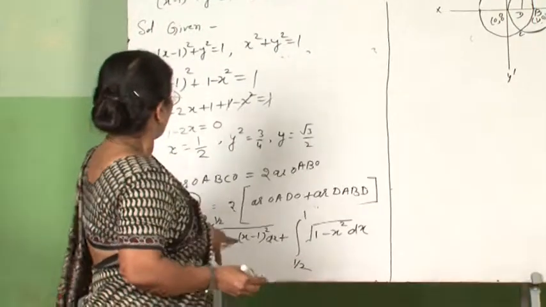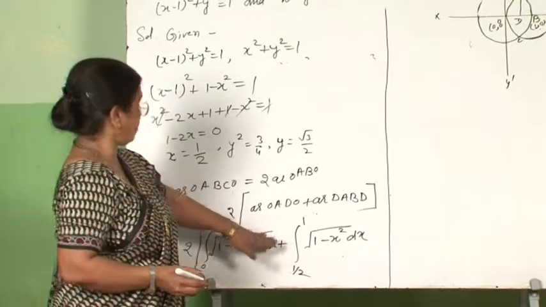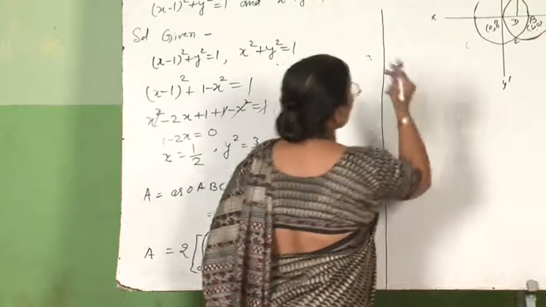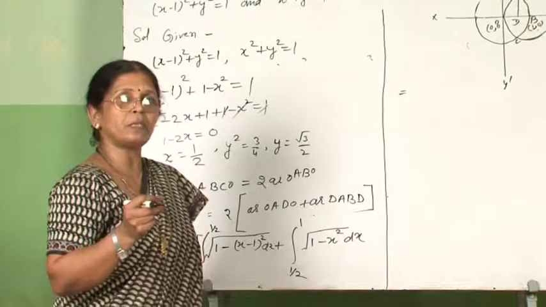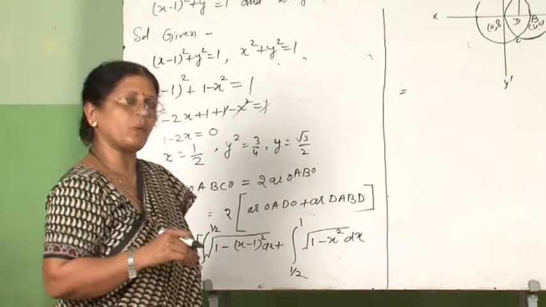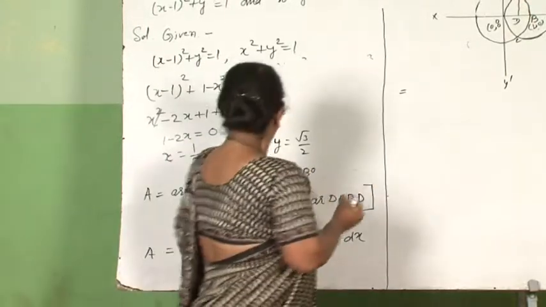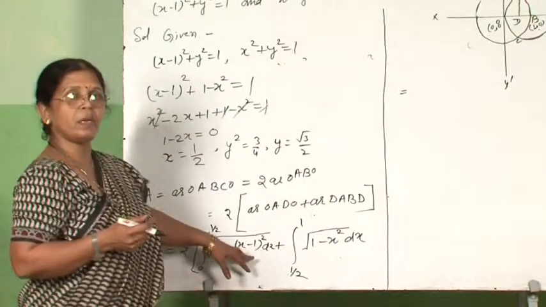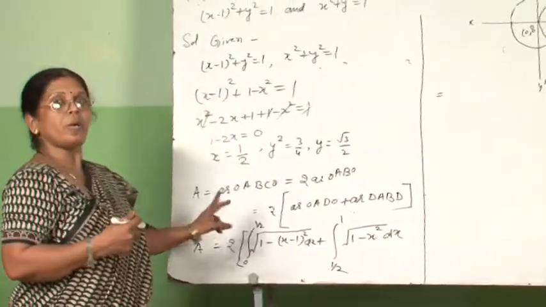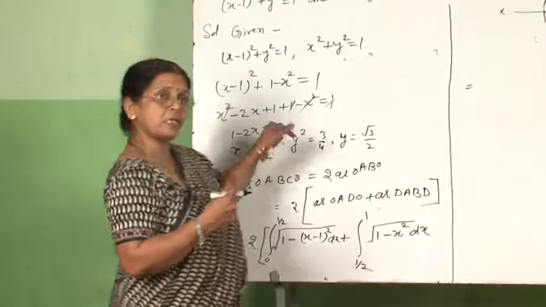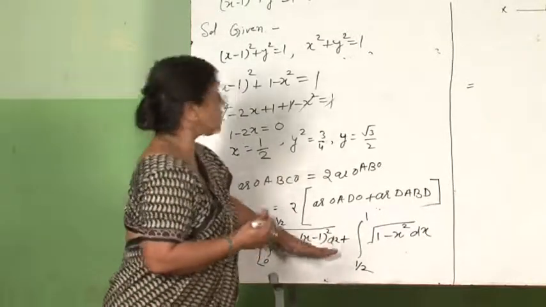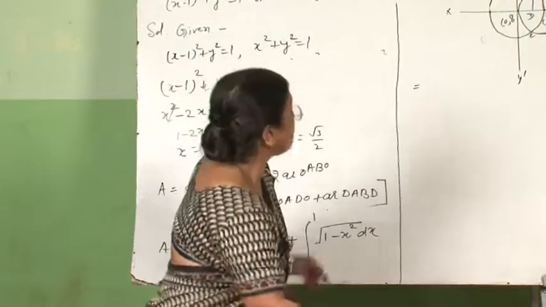Now, here square root of 1 minus (x minus 1) whole square, the standard formula is under root a square minus x square form. So, integration of root of a square minus x square is x by 2 into root of a square minus x square plus a square by 2 sine inverse x upon a. So, here we will use x minus 1 in place of x in the first part, and a is 1.